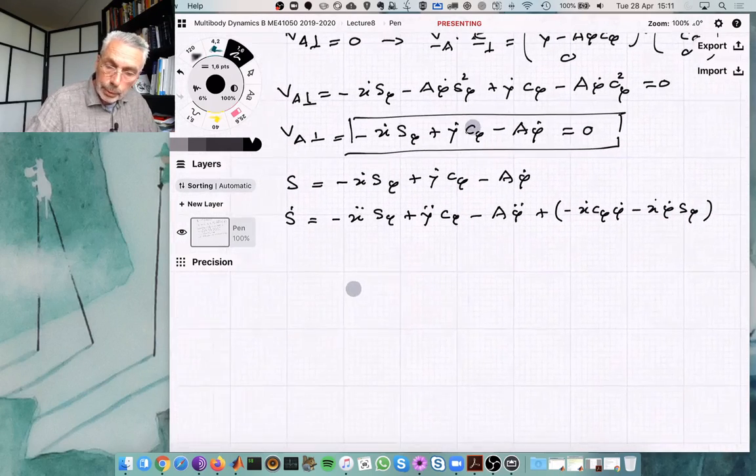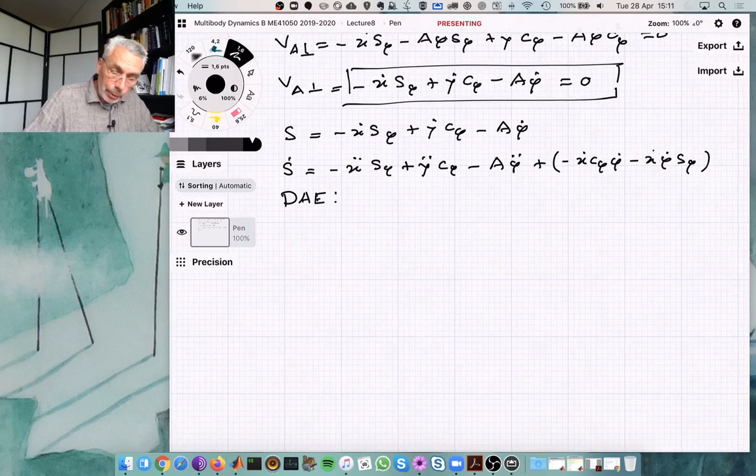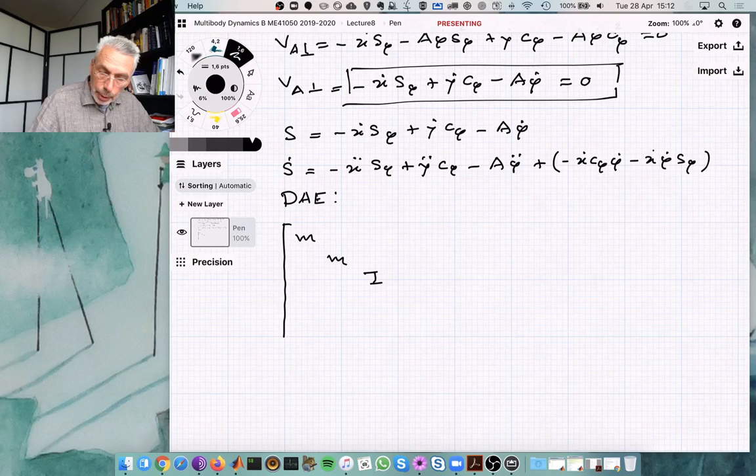Then the DAE, which we finally can form now, is our constrained differential equation of motion. Let's see if I have enough room here. So we have a mass and an inertia, and then we have only one constraint, right? It looks something like this.